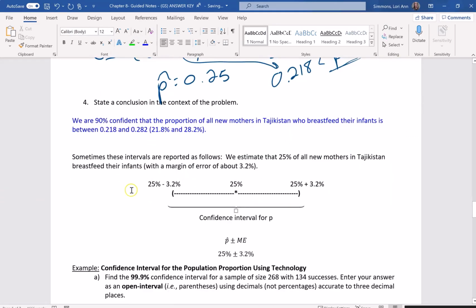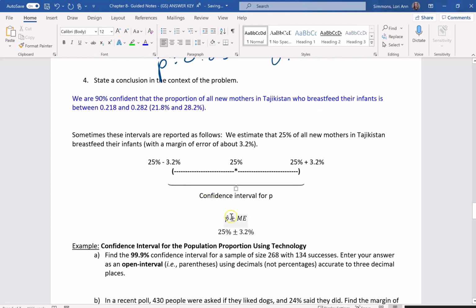So sometimes these intervals are reported as what follows. We estimate that 25% of all new mothers in Tajikistan breastfeed their infants, within a margin of error of about 3.2%. So this 25% is the middle, and then you add 3.2% margin of error, and then you subtract 3.2%.